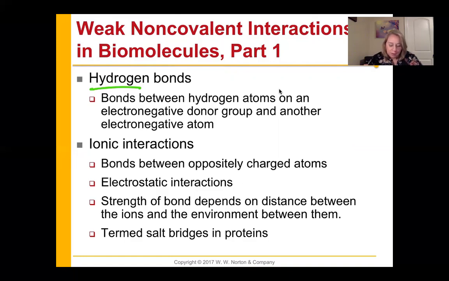We call these electrostatic interactions, and they can actually be attraction or repulsion. And the strength of the bond depends on how far apart they are and the environment between the two atoms, right? So they work best in a hydrophobic pocket because the water basically makes a shield around the charges. And we sometimes do call them salt bridges in proteins.